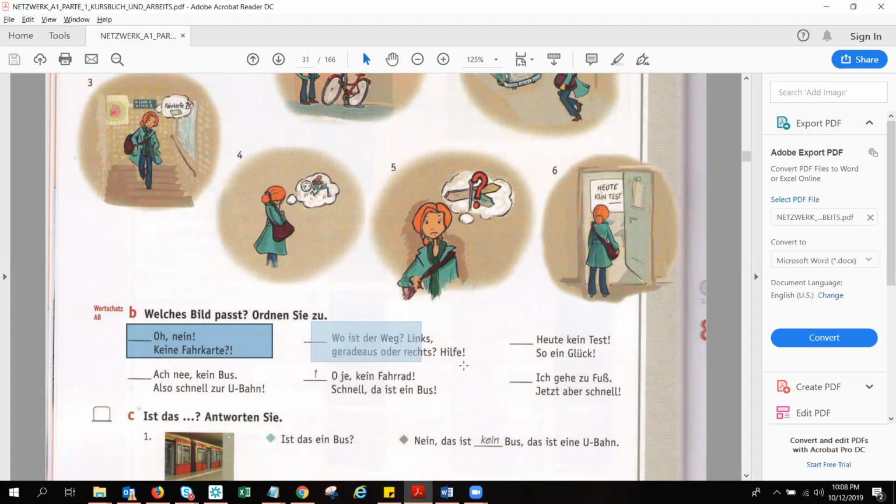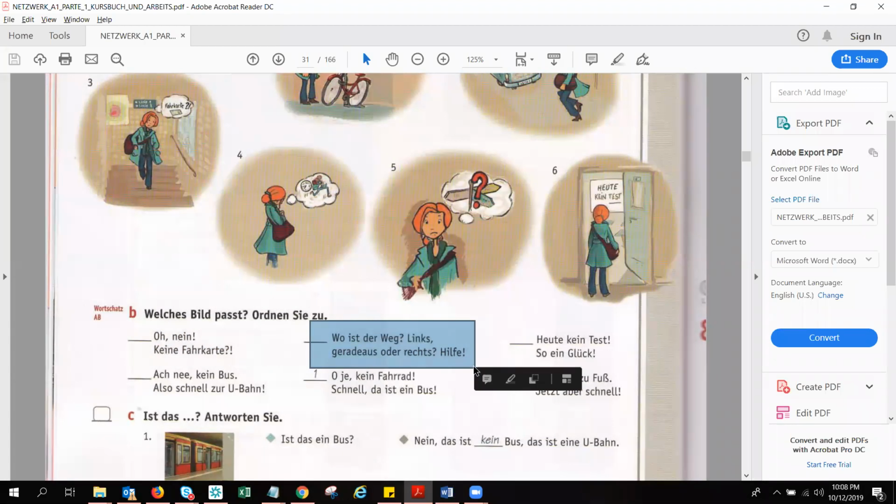Wo ist der Weg? Weg is way. Where is the way? Links is left. Geradeaus is straightforward, like ahead. Oder rechts. So oder is or and rechts is right. Left, straight, or right. Hilfe is help.